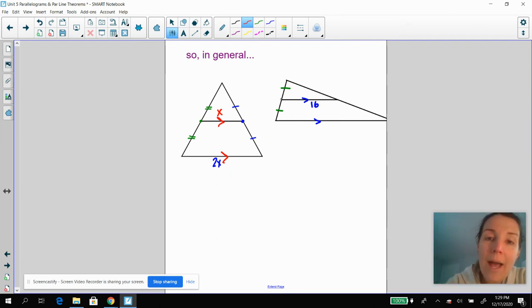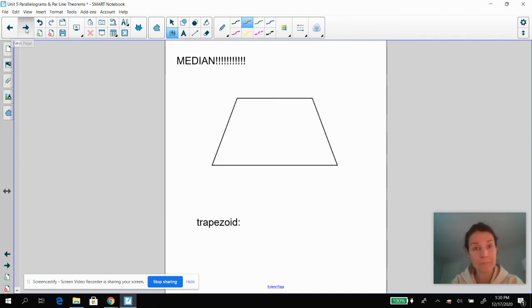However, if I've got a line segment that is crossing the midpoint on one side and it's parallel to the base, then I know it has to be the midline and it's got to be crossing at the midpoint over here. And then what would the length of the base be? 32. Awesome. All right, so the midline is super, super important.